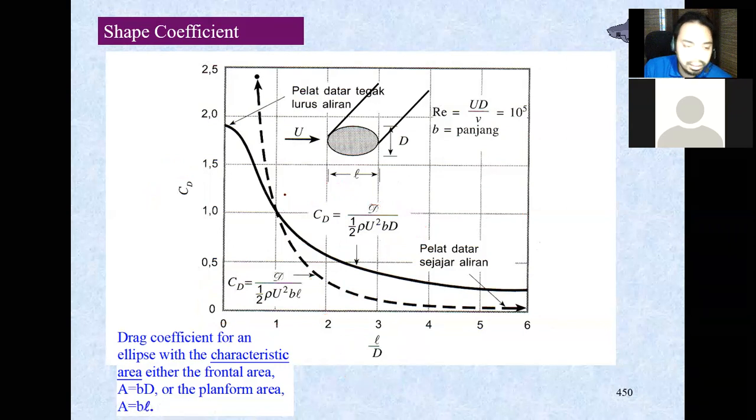So you can find the drag coefficient from this. This actually gives you the effect of the shape on your drag coefficient and finally on your drag force. So you're going to have different values.